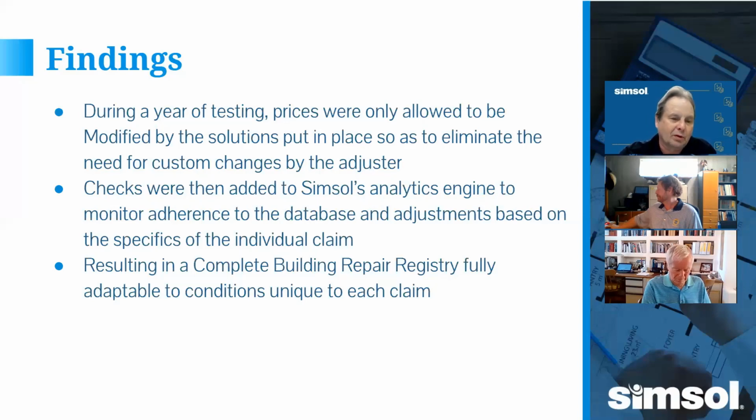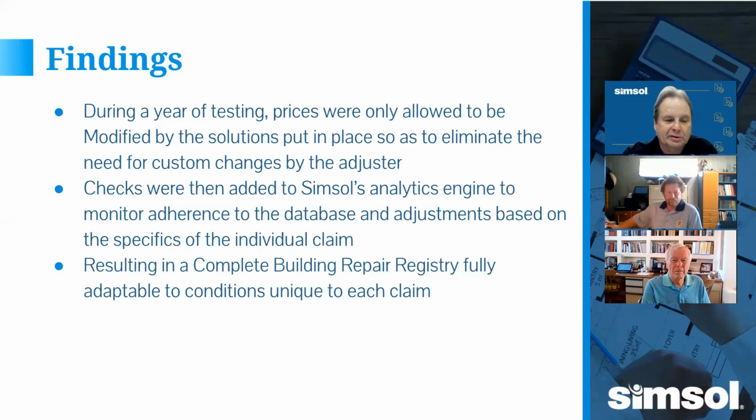What we were looking for is that the bottom line pricing would come more into line by adding these smaller changes all throughout the estimate where they're needed. We added checks to our analytics engine to monitor the adherence to these changes and to alert us at different levels of deviation, and to make sure that the changes we were putting in were sufficient to make the difference in pricing the way it should be.